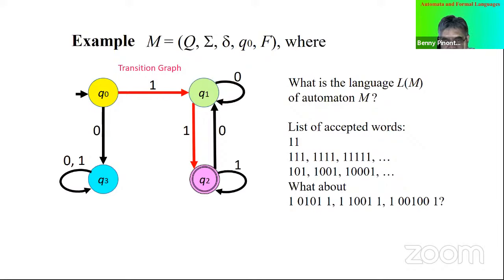And what else? How about 1, 0, 1, 0, 1, 1? Can we make this? Yes, that one is also accepted.